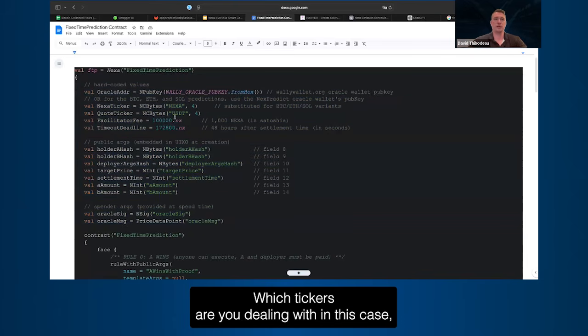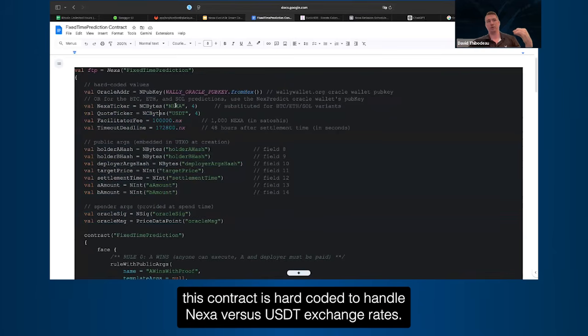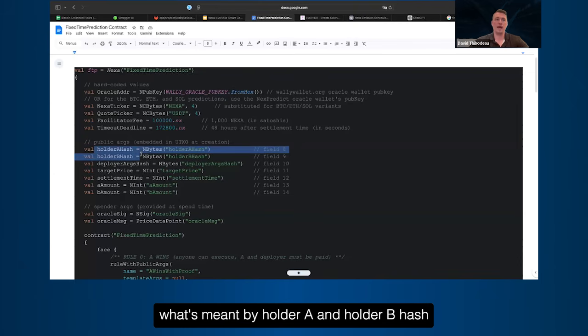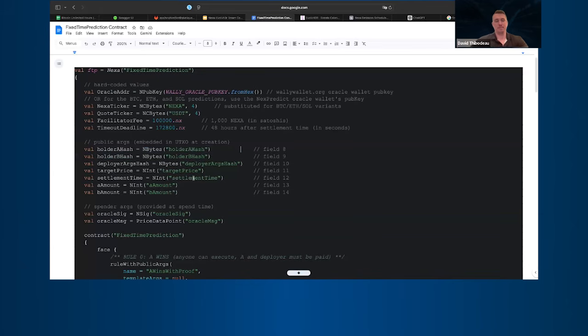Which tickers are you dealing with? In this case, this contract is hard coded to handle Nexa versus USDT exchange rates. Holder A and holder B hash is essentially the hash of the wallet address that A or B want to be paid at.